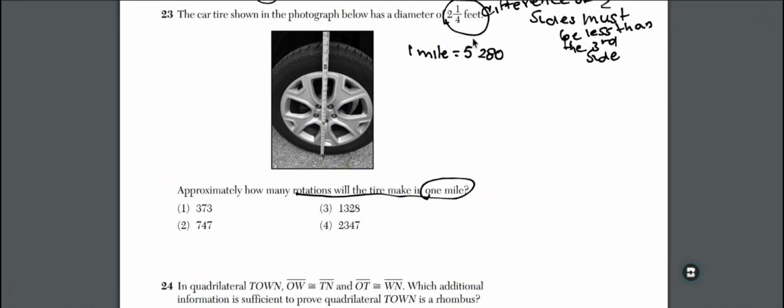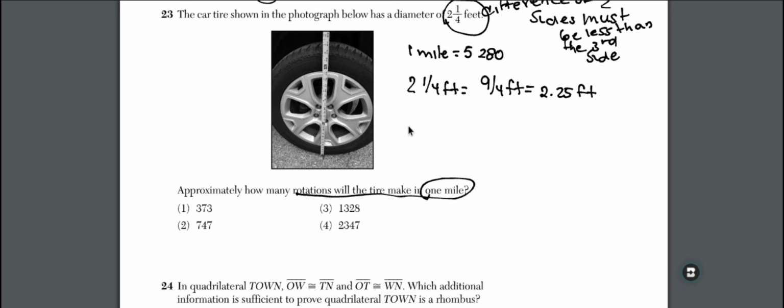And we know that the diameter of the car tire is 2/4 feet, which, to make it easier on ourselves, is 9/4 feet or 2.25 feet.